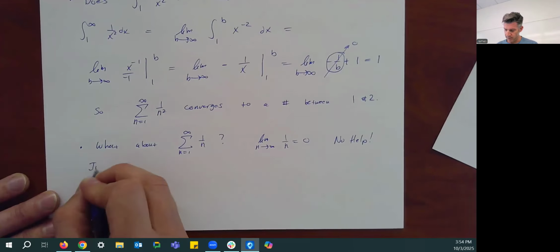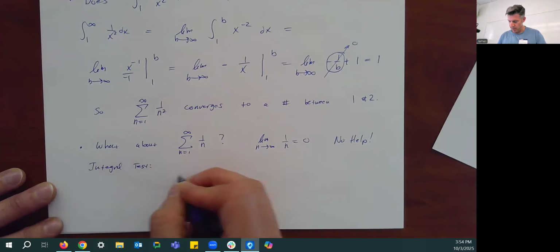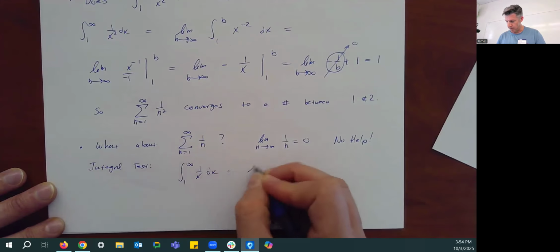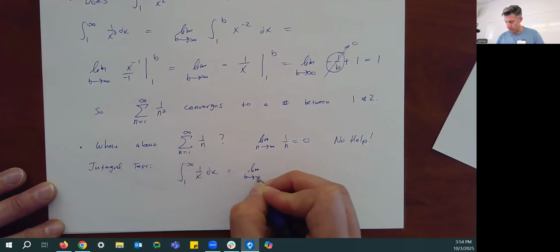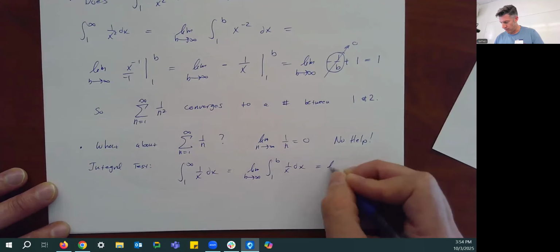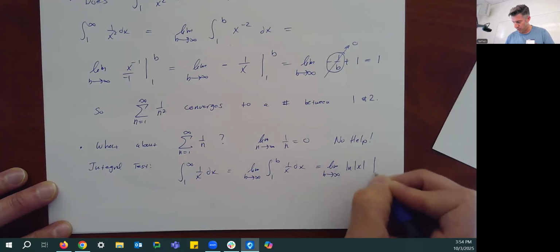So, integral test. We take the integral from 1 to infinity of 1 over x dx. That's the limit as b goes to infinity of the integral from 1 to b of 1 over x dx, which is equal to the limit as b goes to infinity of the natural log of the absolute value of x from 1 to b.